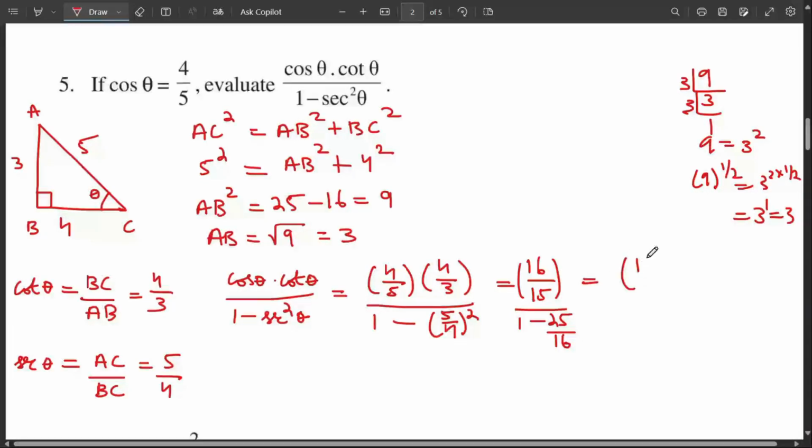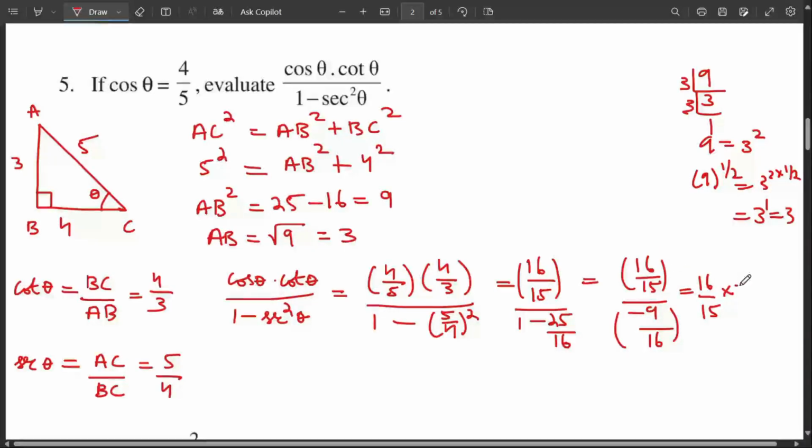So we get 16 divided by 15 whole divided by 16 minus 25, that is minus 9, whole divided by 16, which is equal to 16 by 15. So you have to take the reciprocal of this fraction and multiply that with the fraction that is there in the numerator, that is 16 by 15.